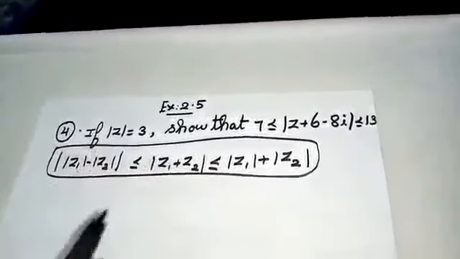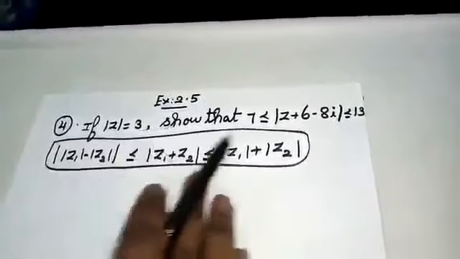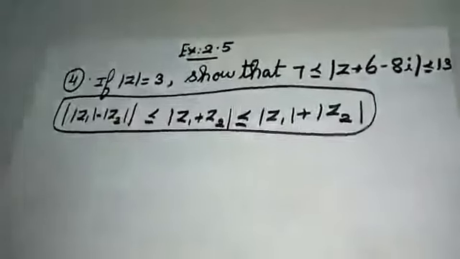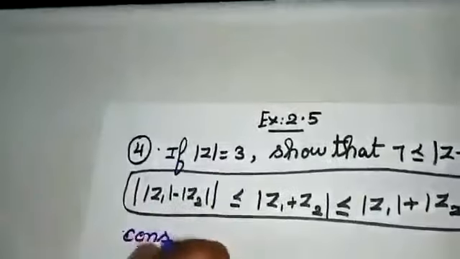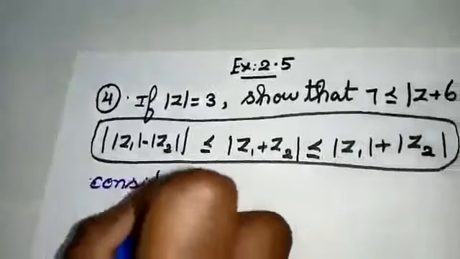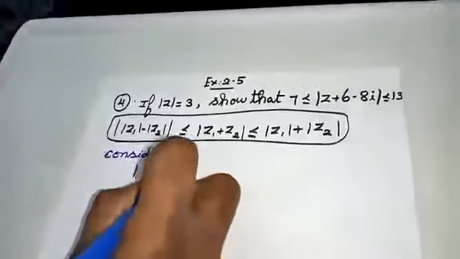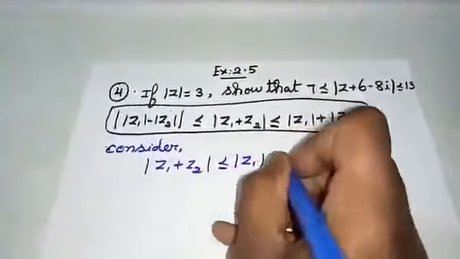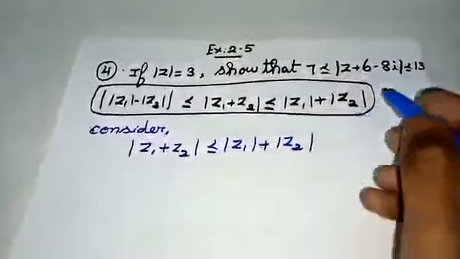First, what I am going to do is, I'm going to take this side, that is I'm going to take my right hand side part. Consider modulus of z1 plus z2 is less than or equal to modulus of z1 plus modulus of z2. I'm going to take this question. What is the question given here?